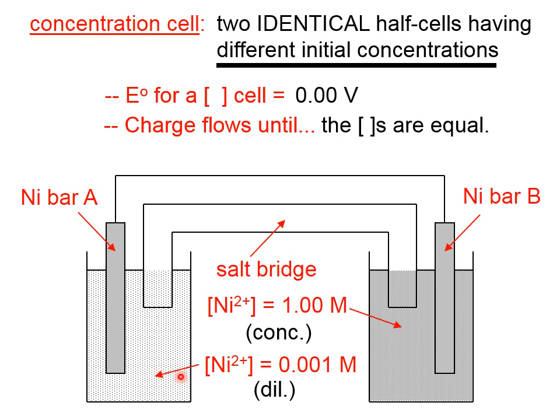We say to ourselves, well, on the left, this solution is dilute. We need more ions in this solution. And on the right, we need fewer ions in this solution.